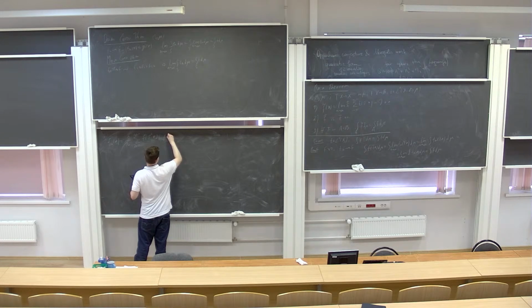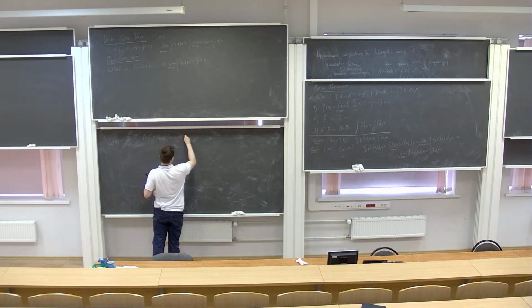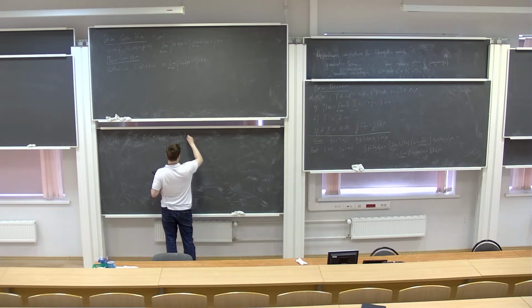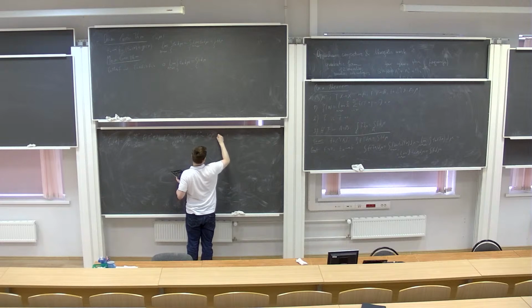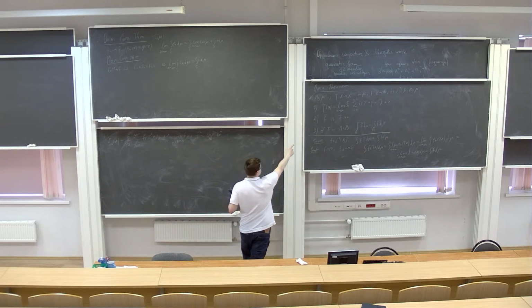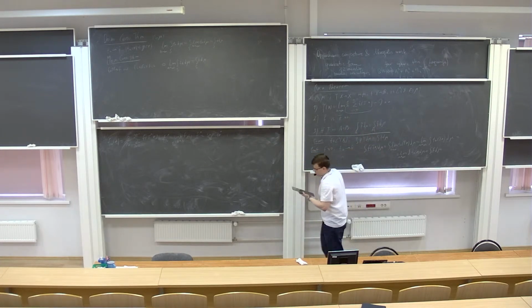Fn star is going to be the supremum of fk for k from 1 to n, and f star is going to be just the supremum of fn star over n. And you notice that the fn that we defined are quite similar to this part. In fact, this thing is basically an fn.